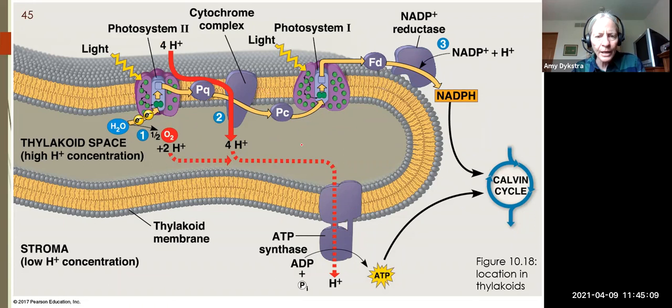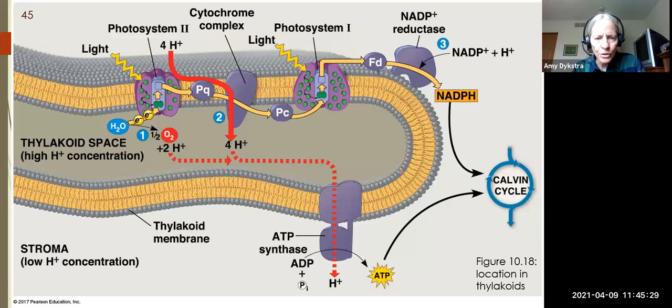So a hydrogen ion concentration develops so that the inside of the thylakoids has a higher amount of hydrogen ions than the outside because of the pumping of the hydrogens as electrons travel through these electron transport chains.